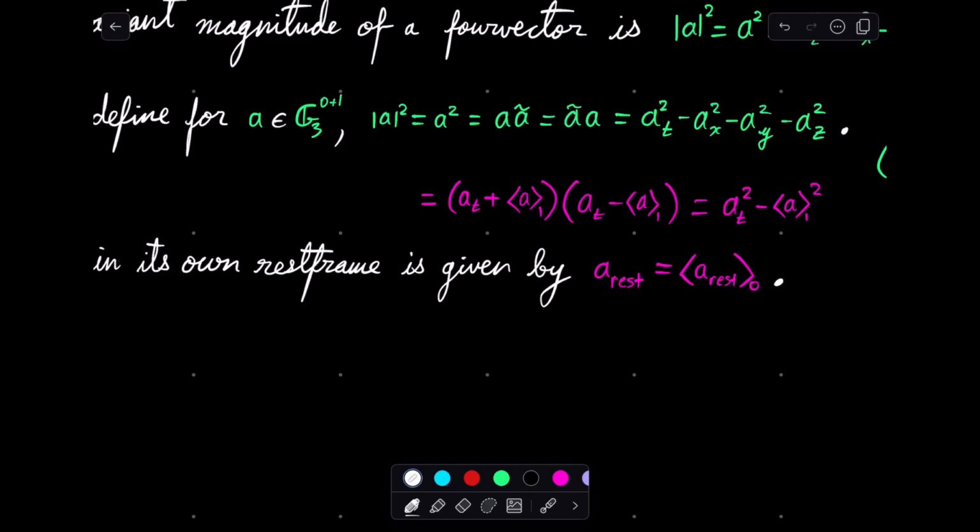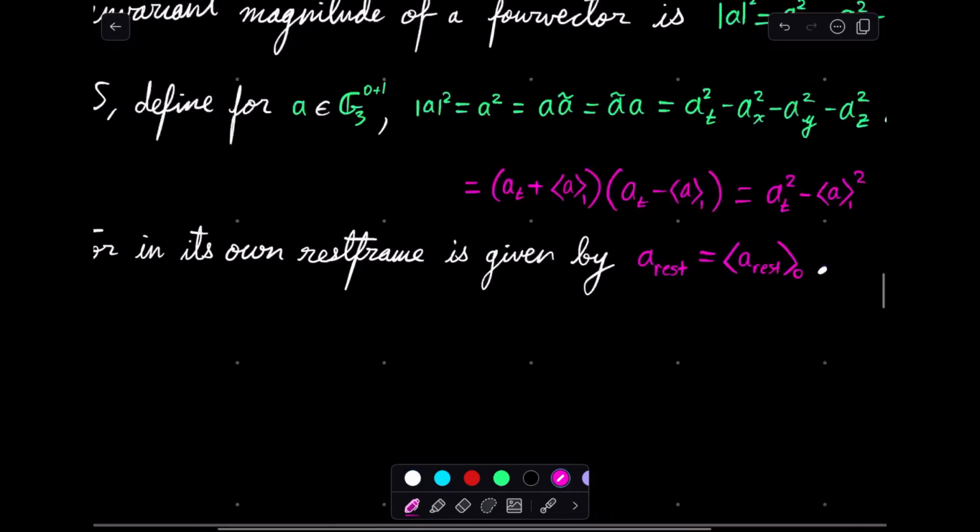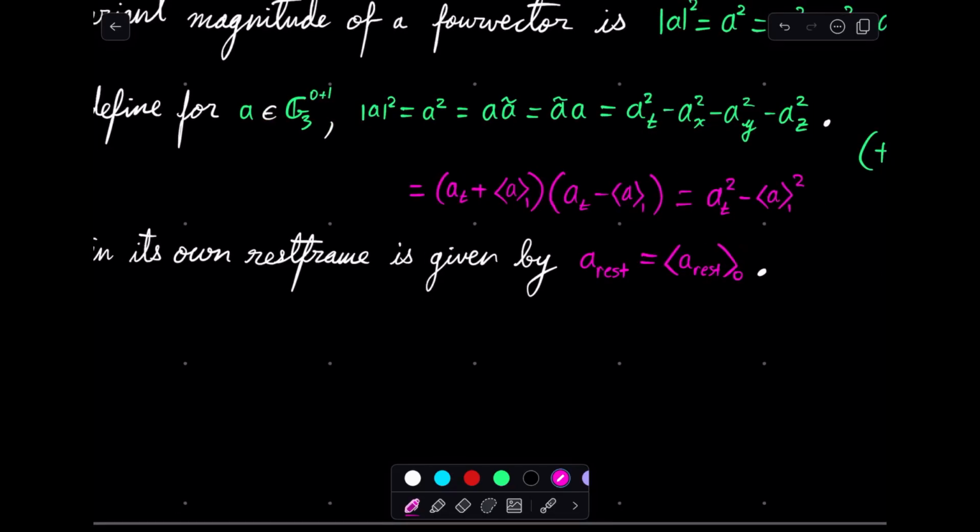That is, when a paravector is in its own rest frame, it is a completely scalar quantity, meaning that it only has a time component. It's not moving through space, it is just moving through time. It is at rest.